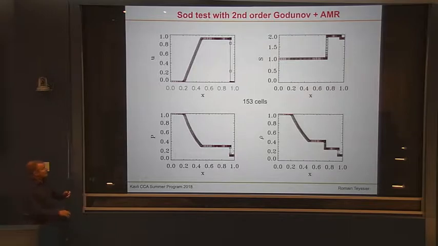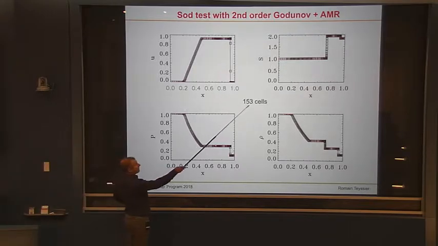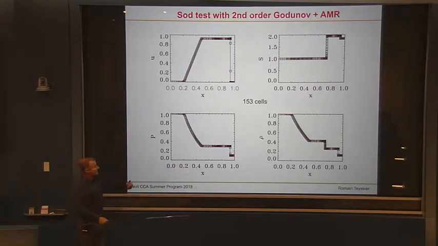So that's an example here with roughly the same number of cells as before, but the cells are now placed optimally. So you see you have a very dense mesh here and here where the discontinuities are, and also mesh points tend to cluster near the steepest gradients, right? But here outside, where the solution is a constant, the mesh is degraded, so you have much less points here outside, right?